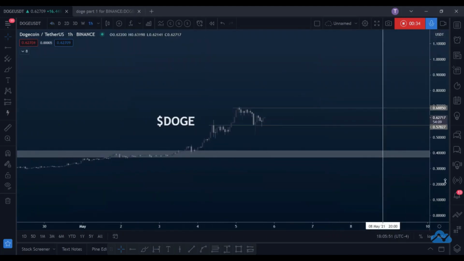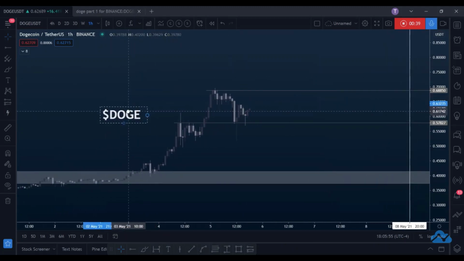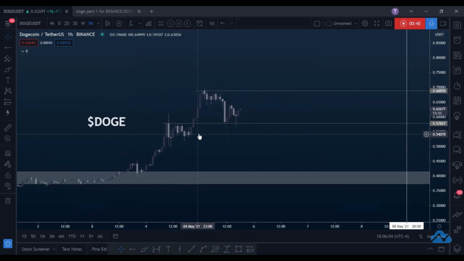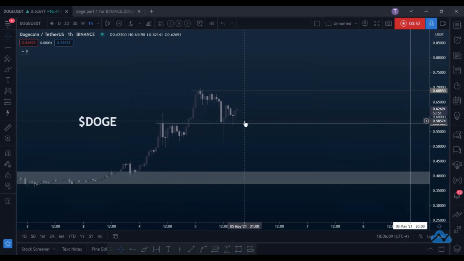We're on the hourly, and again we're just going to keep things very simple and look at basically support resistance. So up top here, we have resistance, and then down here, we have support.